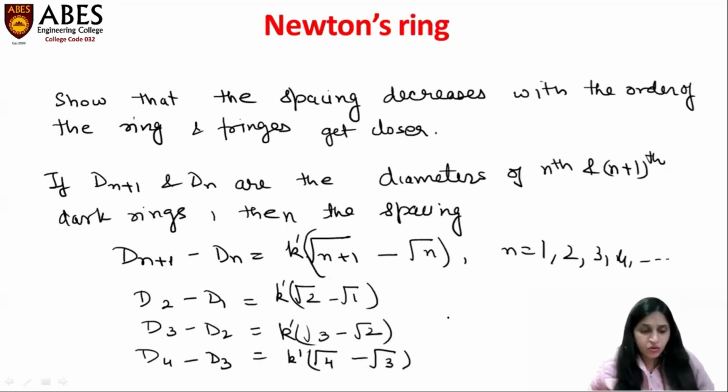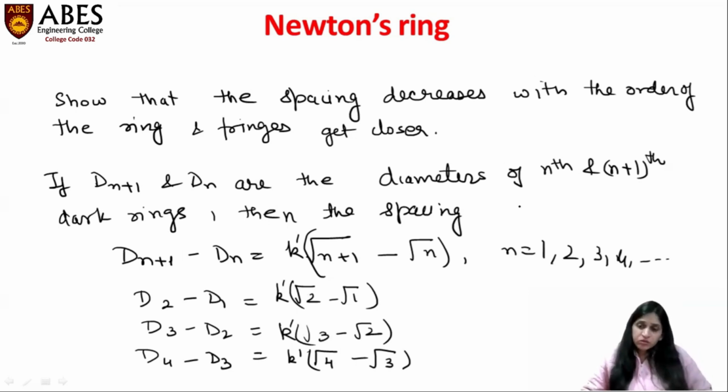3, and so on. So with this, we can prove that the spacing of the rings decreases and the rings get closer as the order of the ring increases. Okay, so this is the manner of proving it.